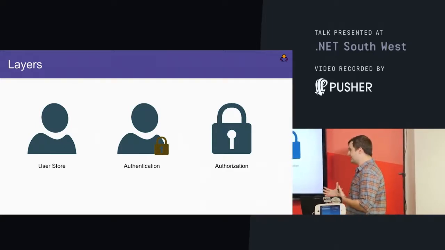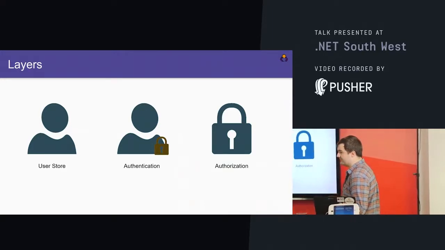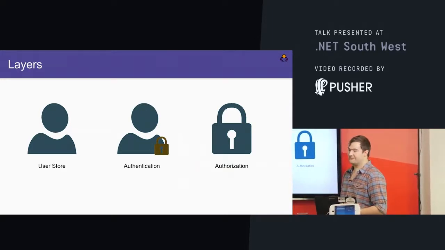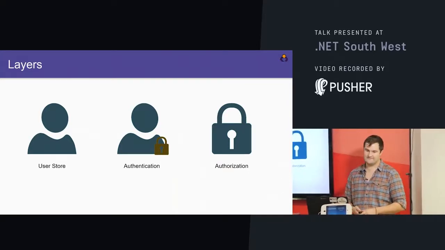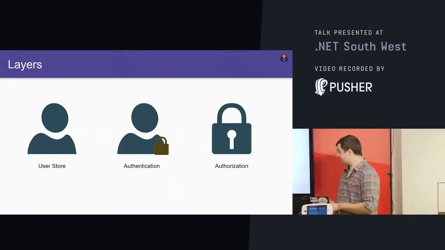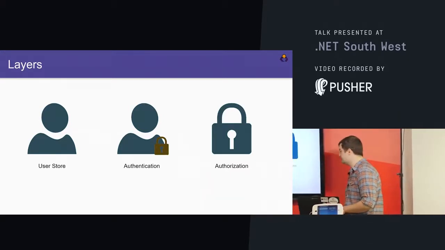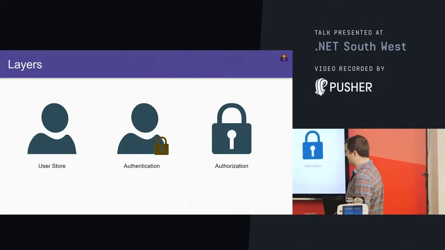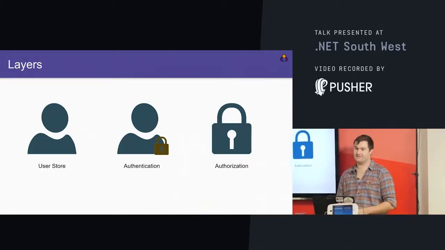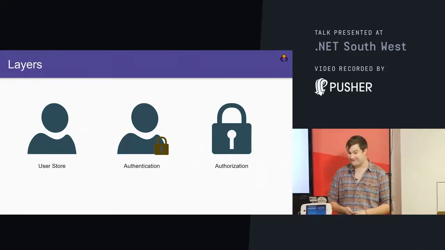But this is different to authentication. Authentication is the act of verifying who a user is, proving they are who they say they are. So the user store would be something like ASP.NET Identity, or ASP.NET Membership from a few years back now, whilst authentication would be the cookie middleware we see these days, and Identity Server.